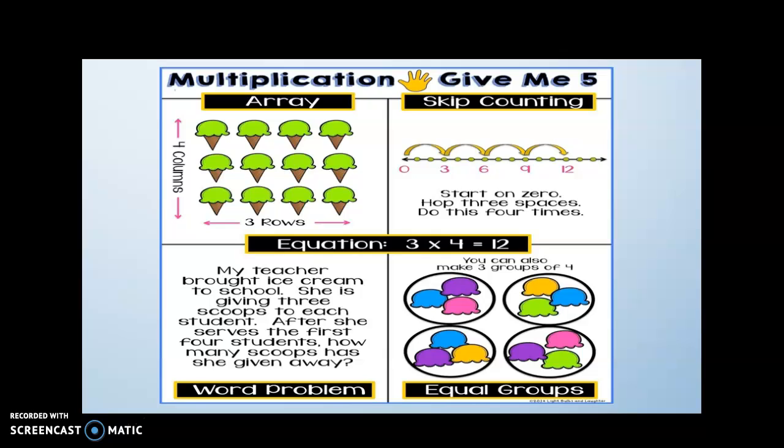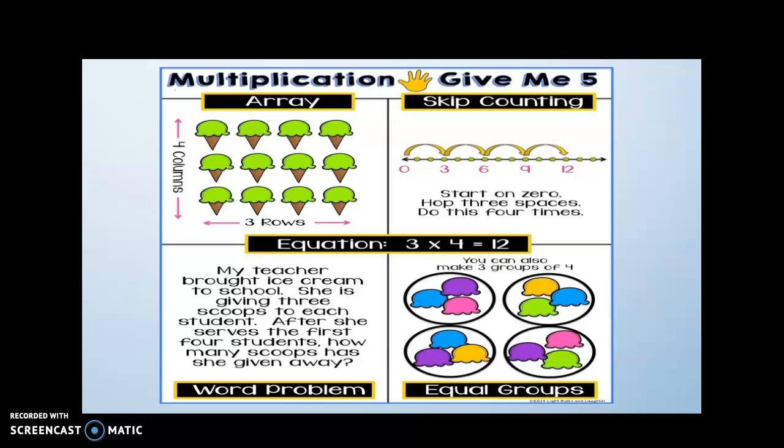That is correct, Sam. 4 times 3 is 12. So we took the 3 scoops and 4 people and multiplied those together to tell us how many scoops that the teacher has given out.